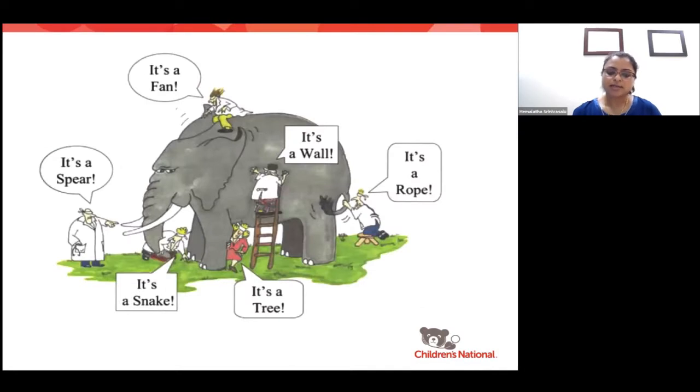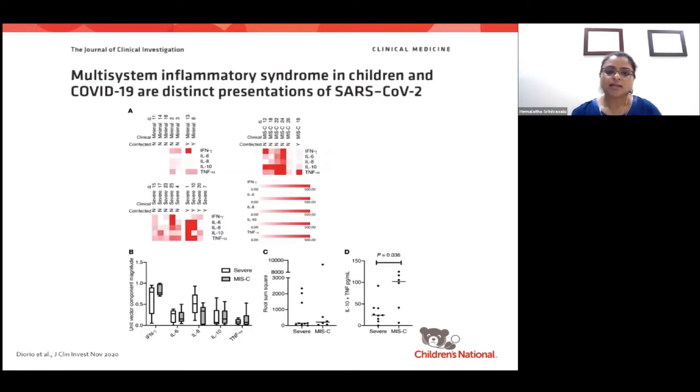Dr. Levin, in his New England Journal editorial, eloquently described our understanding of MIS-C as a blind man trying to describe an elephant. The group at CHOP was able to demonstrate that the inflammation in MIS-C is distinct from that seen in severe COVID-19 infection in children.